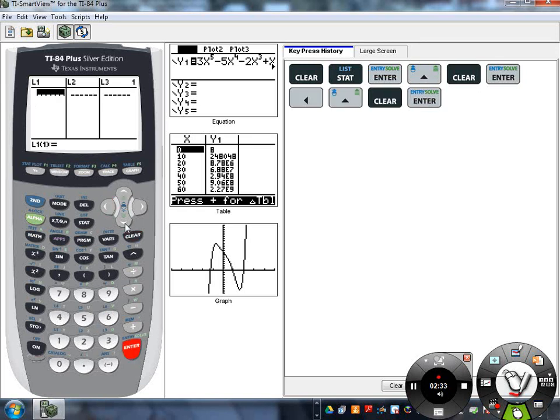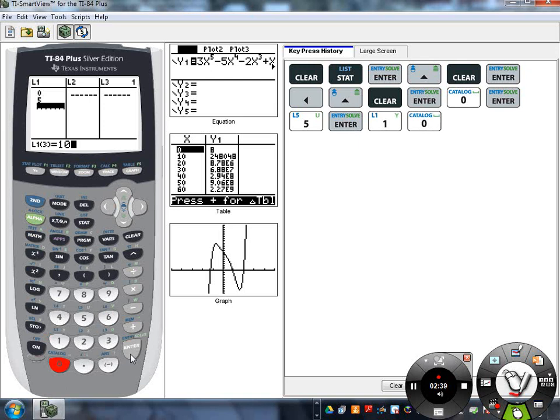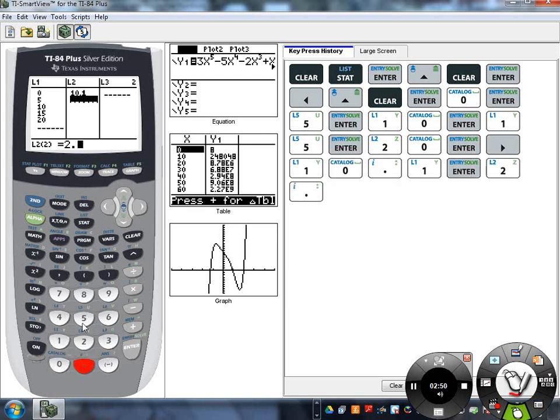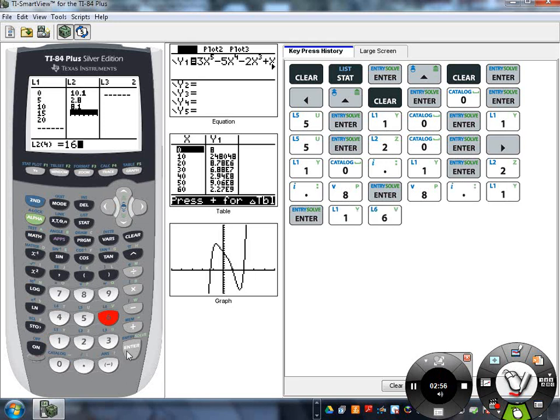And I'm going to enter this data. So 0, 5, 10, 15, and 20. And for my y values with that, 10.1, 2.8, 8.1, 16, and 17.8.